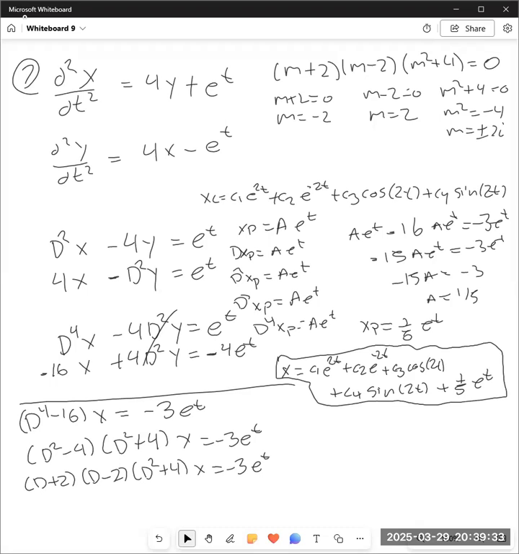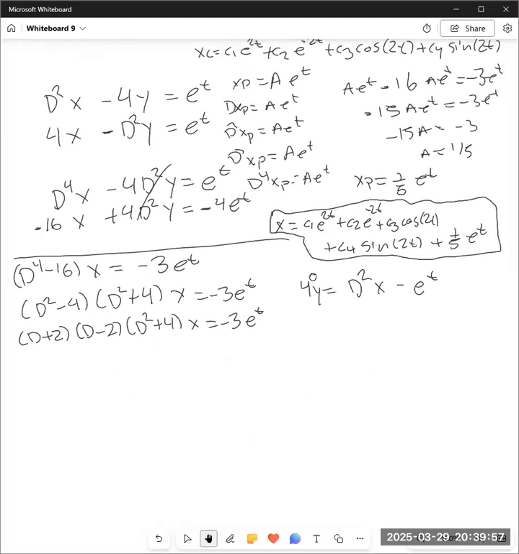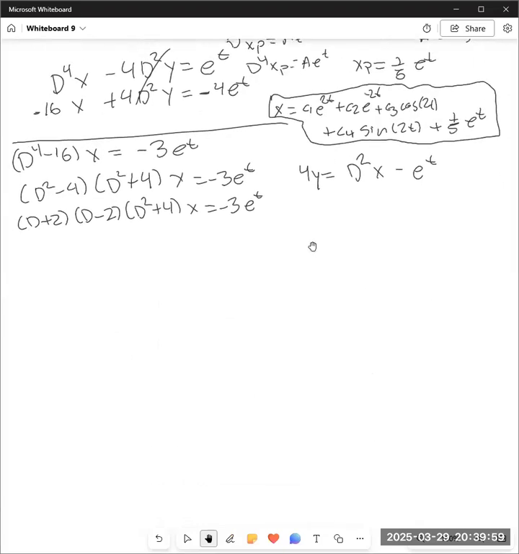To do that, we're going to use our first equation there. We can say y is equal to d2x minus e to the t. So let's find d2x. Let's just come down here.